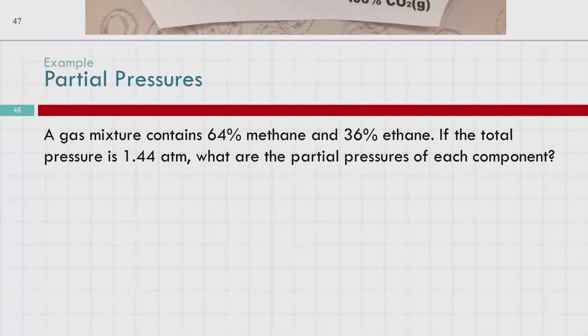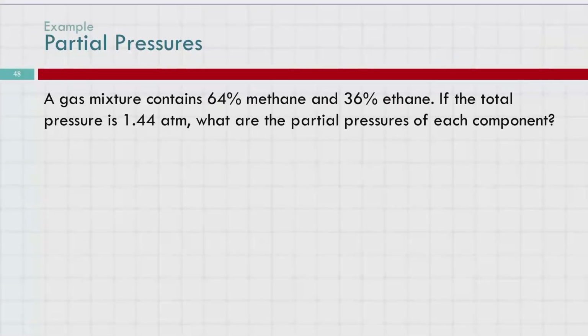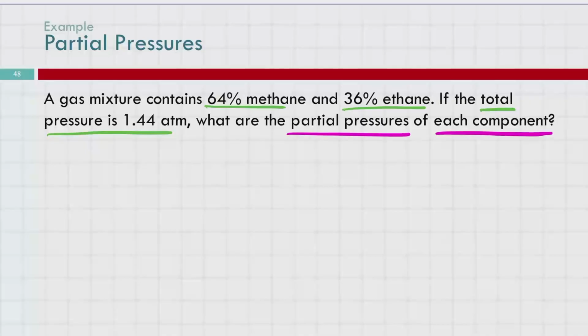All right, more partial pressure stuff. A gas mixture contains 64% methane, 36% ethane. Those are the little siblings of propane. If the total pressure is 1.44 atmospheres, what are the partial pressures of each component?